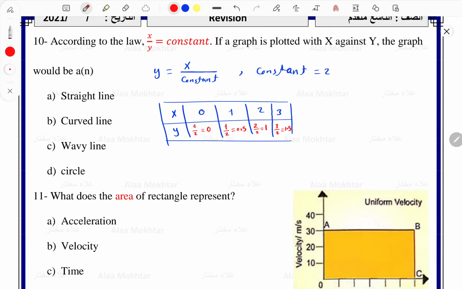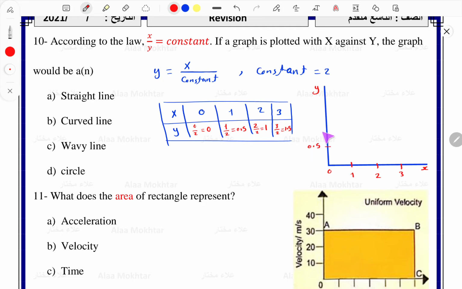If I need to draw this relation between x and y, I will make it like that. I put x on the x-axis and y on the y-axis. x is 0, 1, 2, 3. Y I make it 0.5, 1, 1.5, 2 and so on.